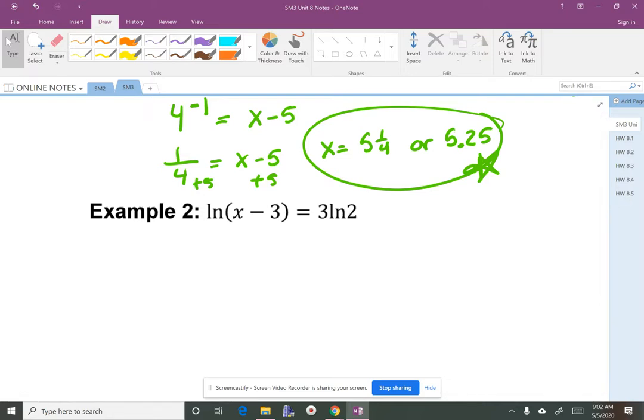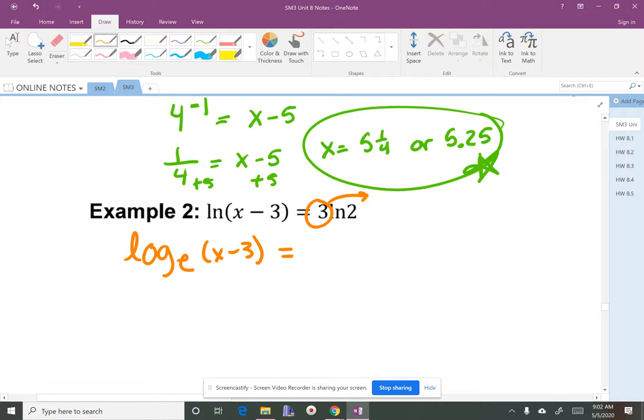We're not going to have to change forms, because if you notice, this says log base e of x minus 3 equals, if we know our exponent rules, remember this comes up, log base e, because it's the ln, of 2 to the third. What is 2 to the third? That's 8. So I really have log base e of x minus 3 equals log base e of 8.